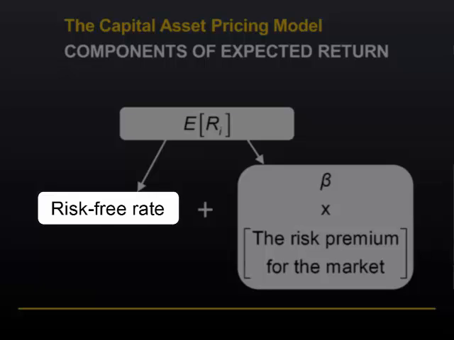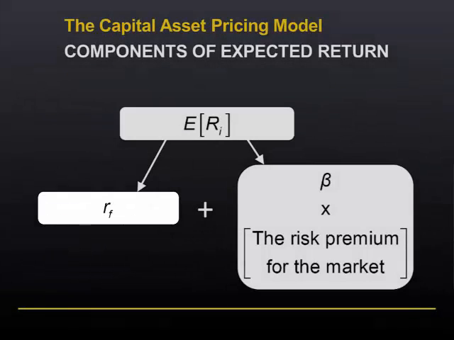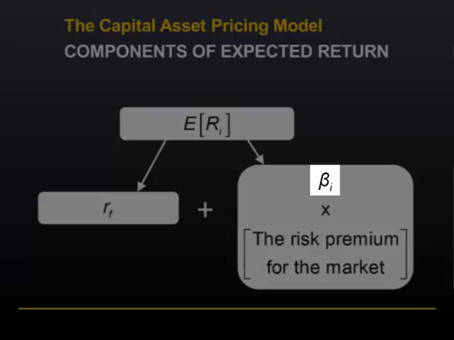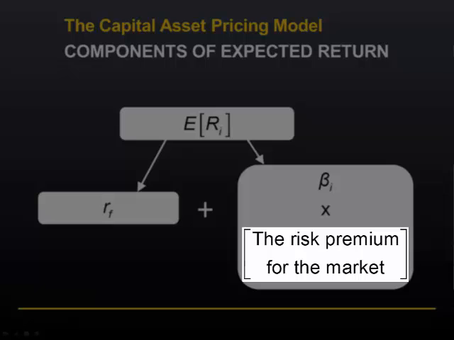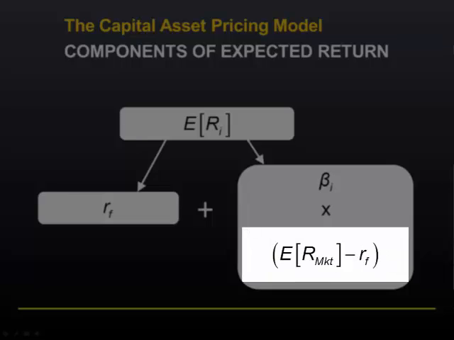As before, we'll use Rf for the risk-free rate, and we'll use beta i to represent the beta for share i. If the amount of extra return or risk premium that we should get per unit of beta is equal to the risk premium for the market, then we can express that as the expected return on the market minus the risk-free rate of return.